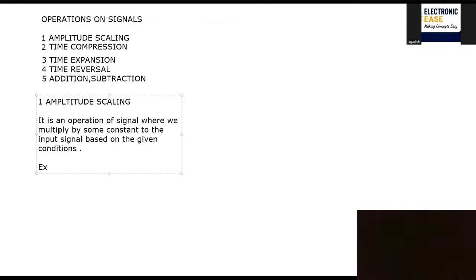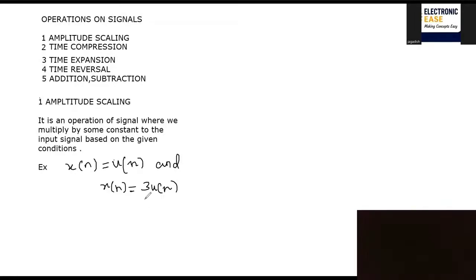So afterwards you need to give the example. Example, that is x of n is u of n, and x of n is 3 times u of n.